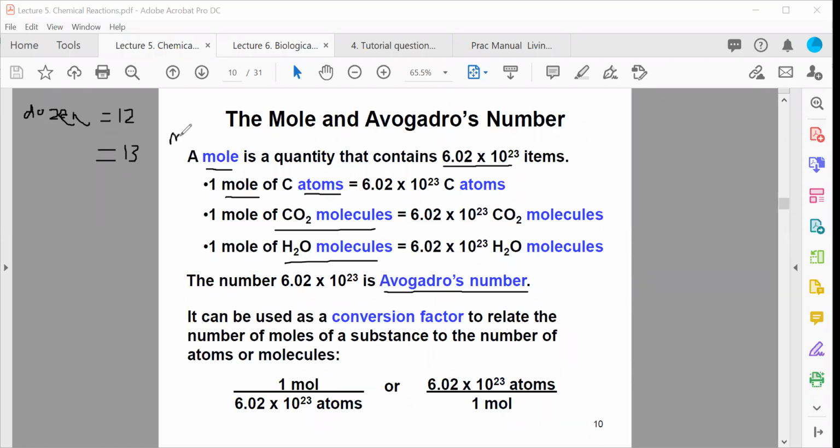And keep in mind that when we're using the term mole with numbers, we usually use this abbreviation, mol, rather than mole. So a mole is really defined as simply being the number of items, in this case, say the number of atoms, found in 12 grams of pure carbon 12.